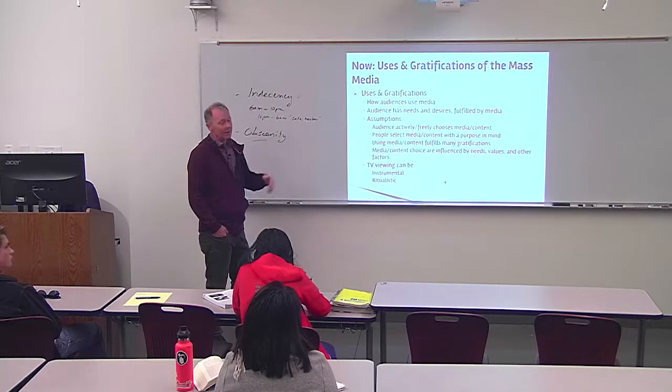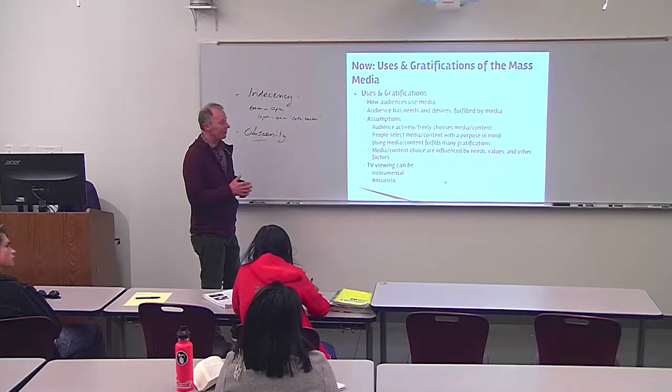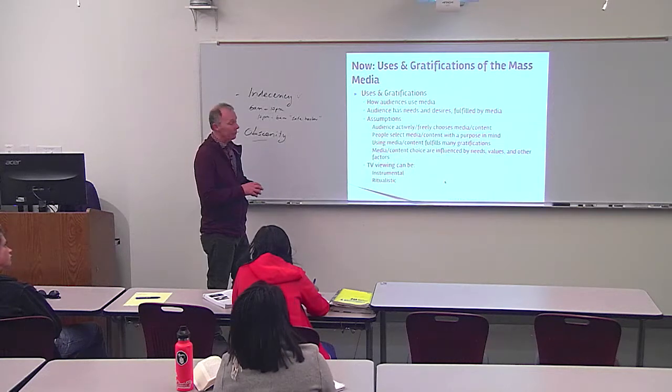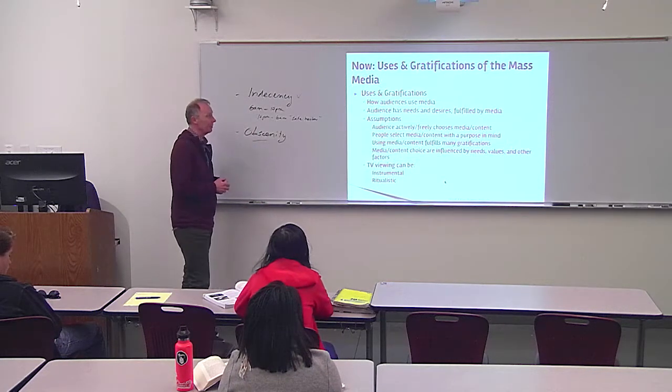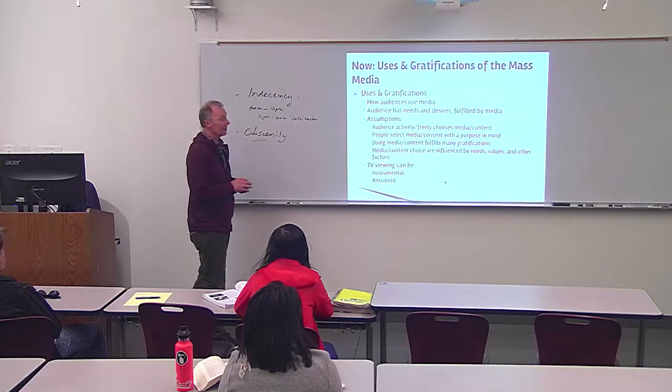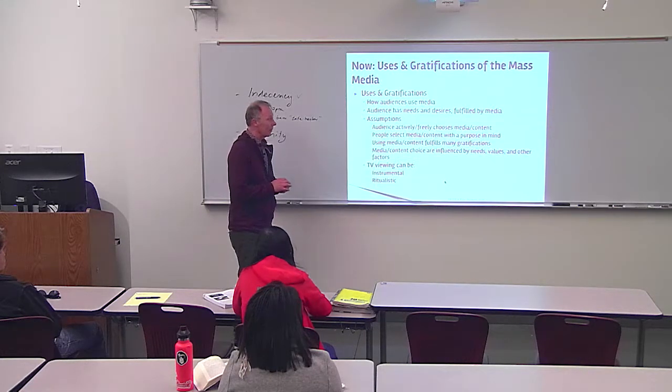So it posits a long list of things that people go to the media for, wishes that they have that are gratified by the media. And it kind of follows on with the idea that for kids, some media has pro-social effects.